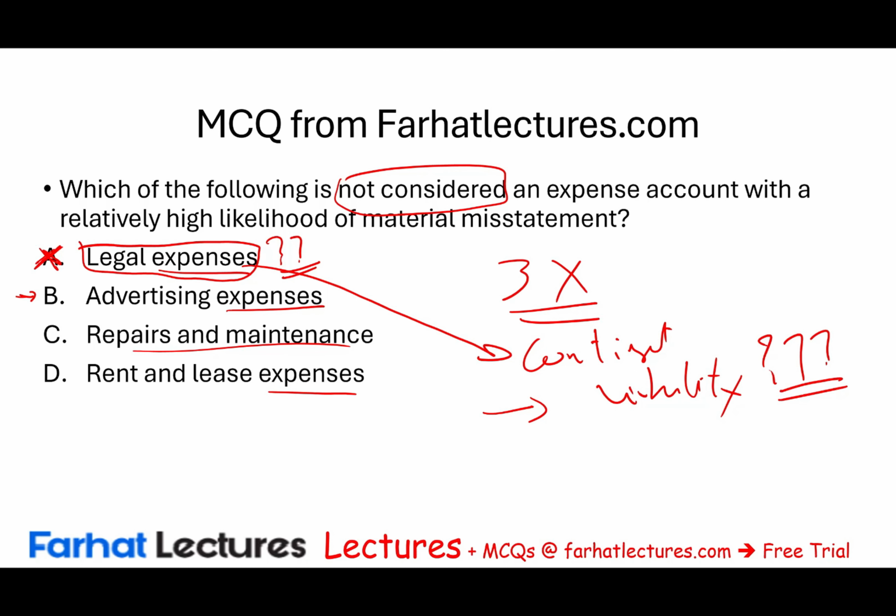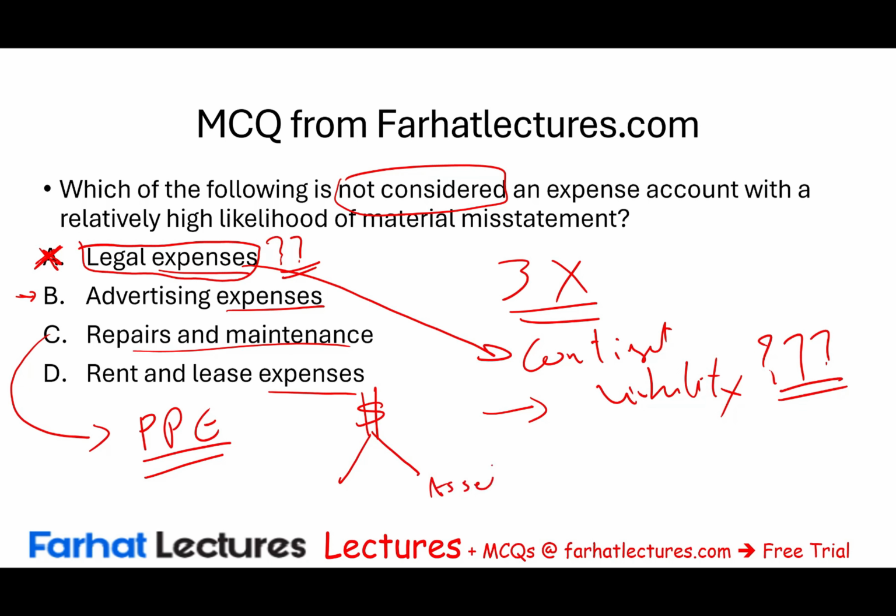Now, repair and maintenance. So now I have to look at repair and maintenance versus advertisement. What is the risk in this account? Well, there's a lot of risk in this account. Why? Because what do you repair and maintain? You repair and maintain property, plant and equipment, machinery, vehicles. The risk is when you paid this money, you have to make a decision.